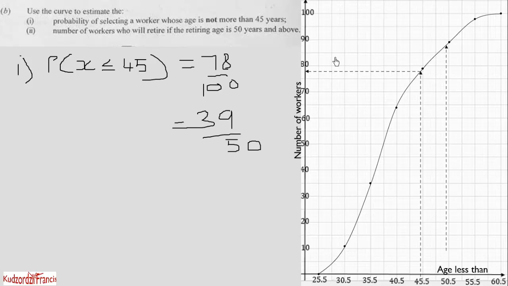Good. We trace it to the vertical axis, and that will be here. So that will be around, each of them is 1, so this will be 70, 85, 86, 87, 88.